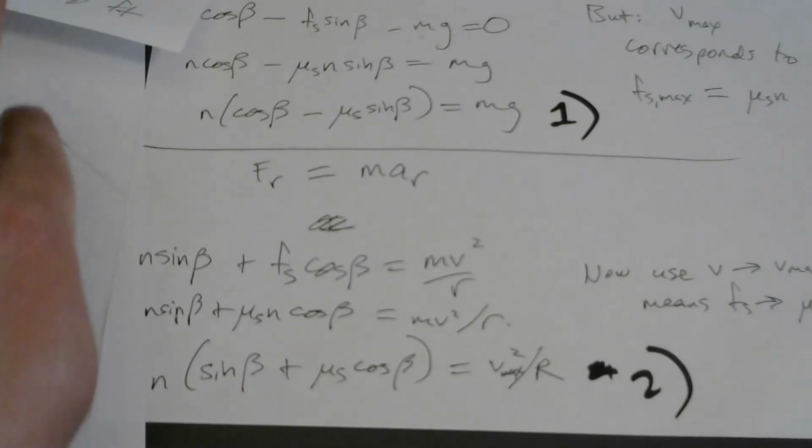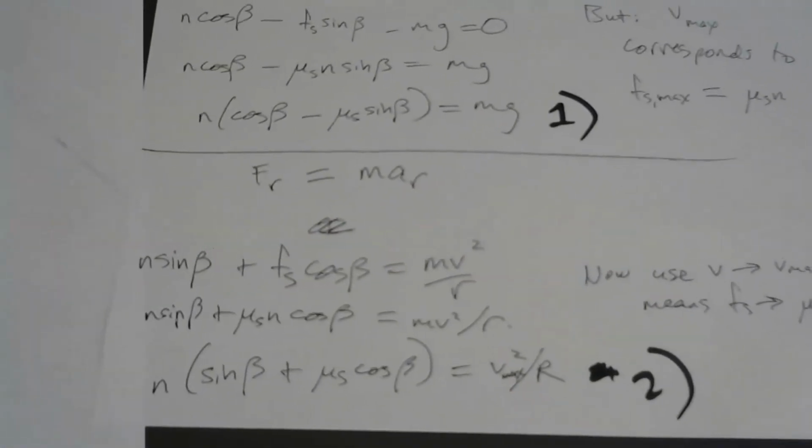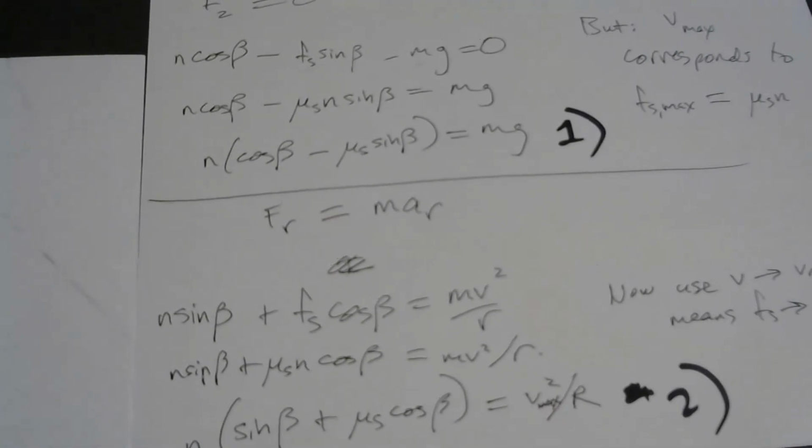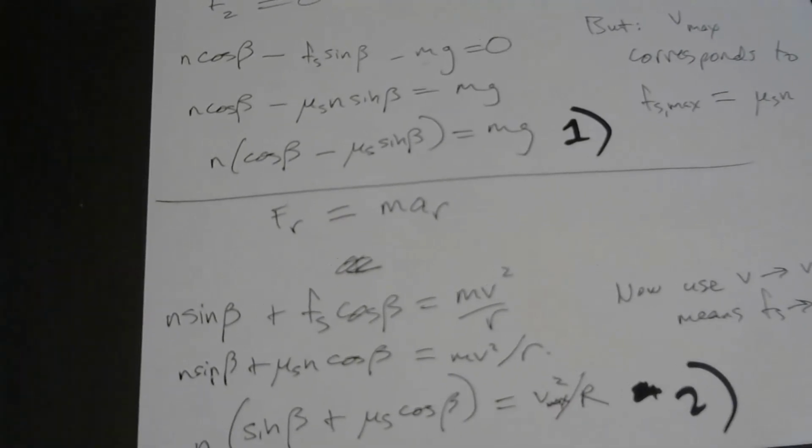I'll use the same technique that I used for the banked roadway without friction. So this is really the third problem we've looked at. First, we started with a flat roadway, then a banked roadway, no friction. Now we're analyzing the banked roadway with friction.